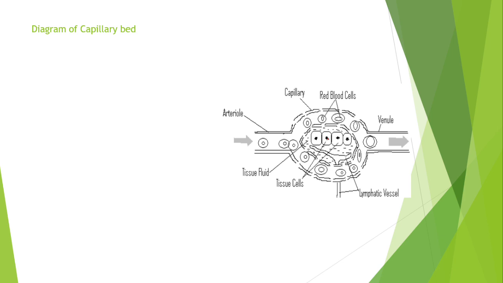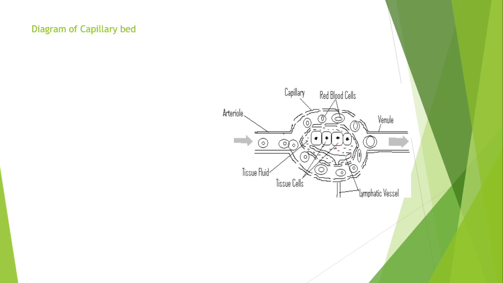All those organs need these food nutrients and this oxygen, which is carried by blood, because blood is what carries oxygen and food nutrients. It's a transport. So as blood is flowing in the capillaries, these tissues will be receiving those requirements, food and oxygen, as you can see in this diagram.